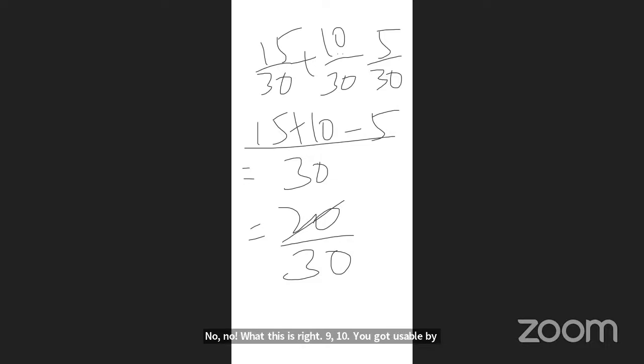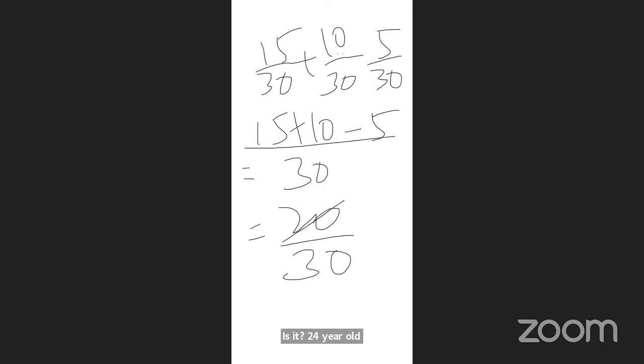Divisible by 2 is 15. Please count again. What we have written is right. 24 by 30? Is it 24 you'll get?